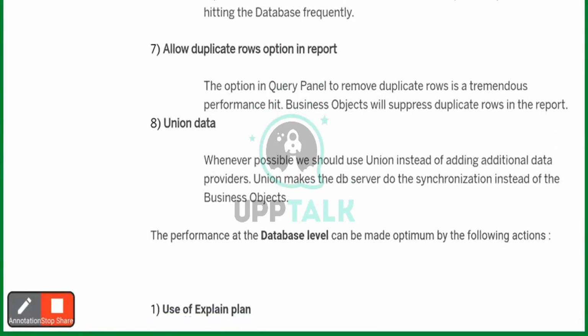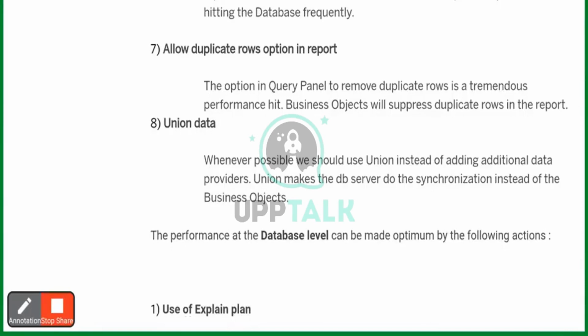And the seventh point is the allow duplicate rows option in the report. We have the remove duplicate rows option. In report formatting, under report properties, we can see the allow or remove duplicate rows option.